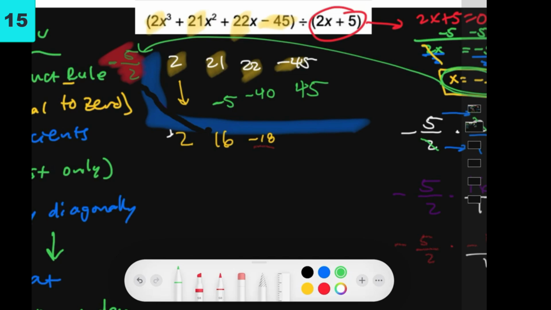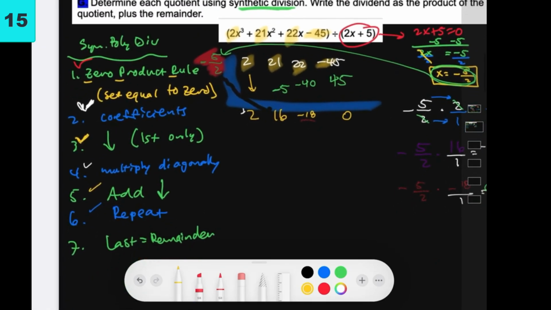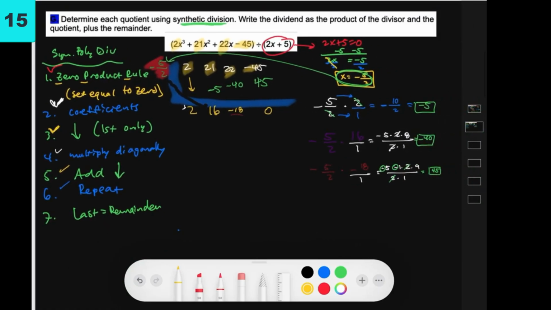So let's go ahead and add down. What happens if we add down? Well, you get negative 45 plus 45 is 0. This is good. Okay. So now it says the last one is the remainder.